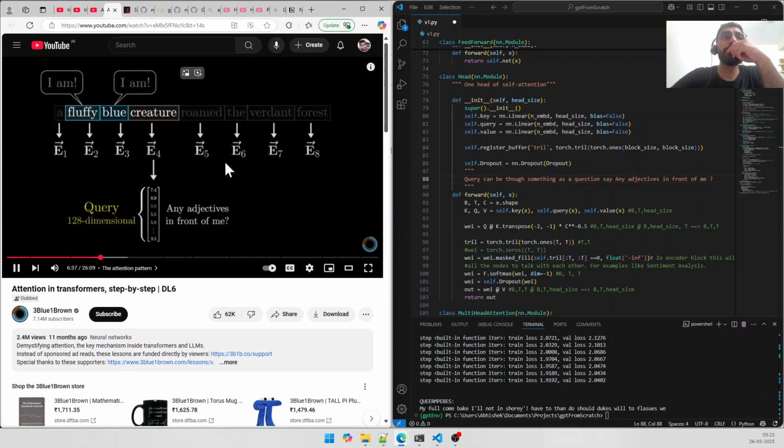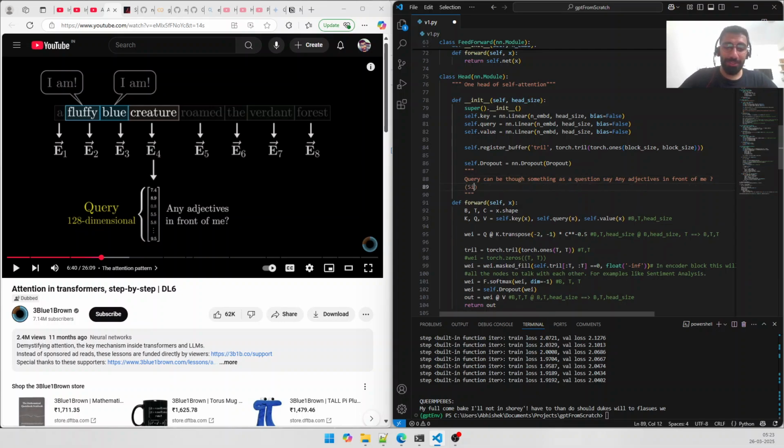This query vector, though, has a much smaller dimension than the embedding vector. And the size of query is head size. I'm just writing it out so that I remember.